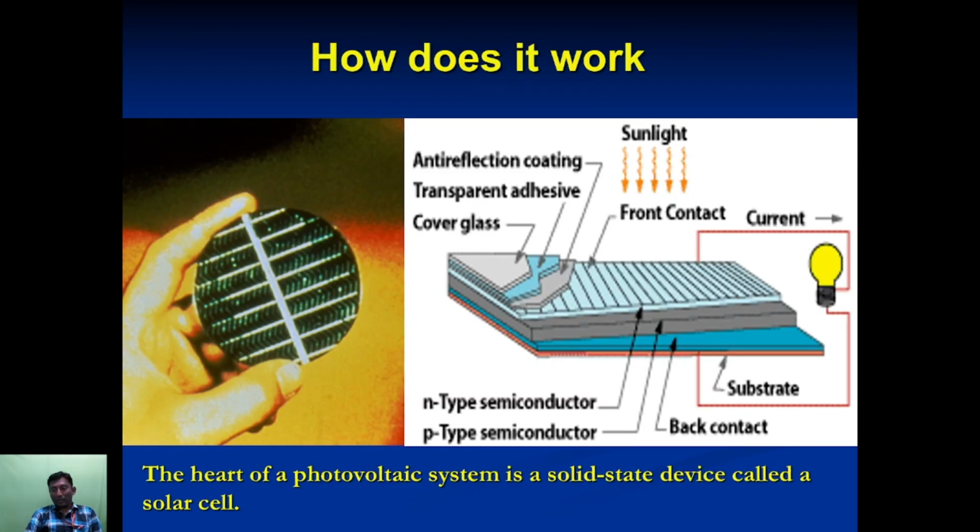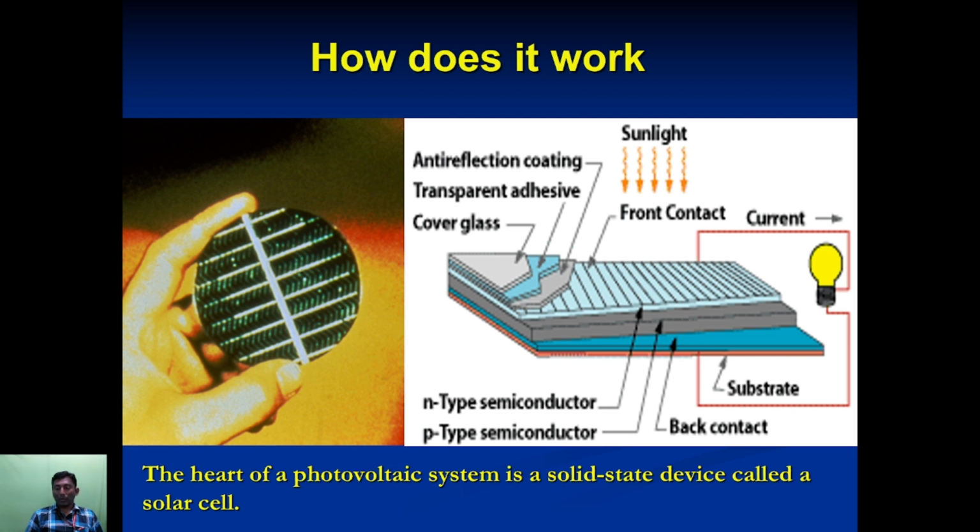We already discussed the working principle of solar PV. Once again, the main part of the solar photovoltaic system is the solid state device, the solar cell. Each solar panel has several cells connected in series. A solar panel has an anti-reflection coating, so it receives the intensity of the light energy from the sun without any reflection.